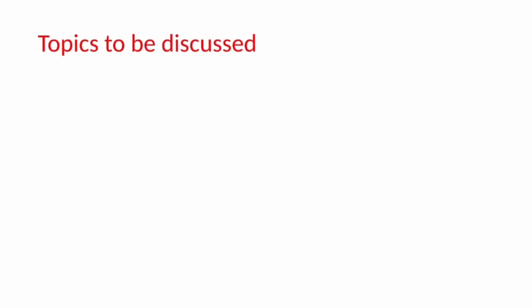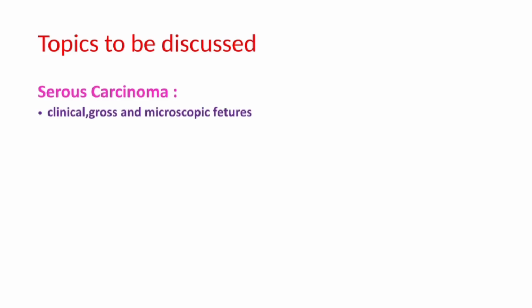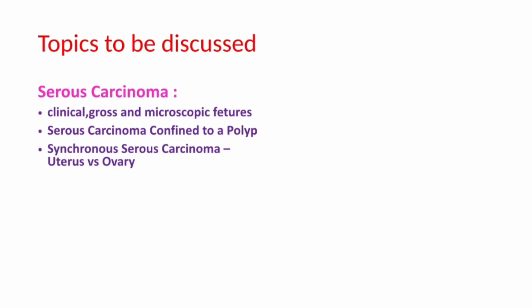So, in this video, the topics to be discussed are: first is serous carcinoma, its clinical, gross, and microscopic features, and serous carcinoma confined to a polyp. Synchronous serous carcinoma means uterine versus ovarian serous carcinoma, how to differentiate when both are involved, and what is the primary that we have to identify.